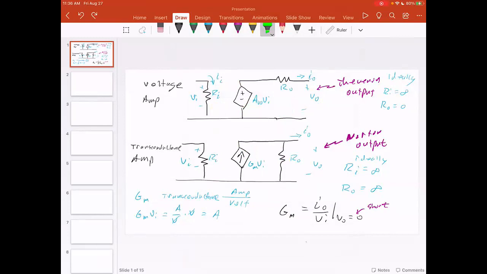If we short the output with a wire across here, then I_out will entirely go there. So that's how we get this definition.